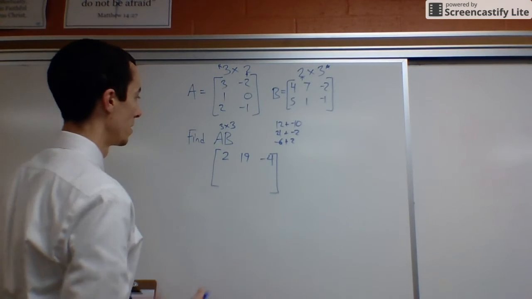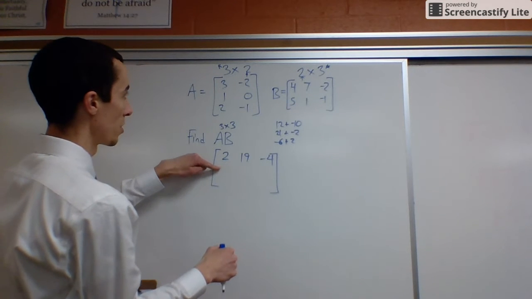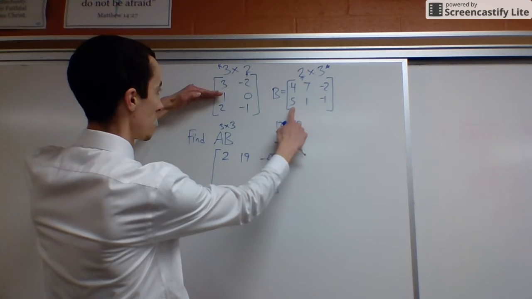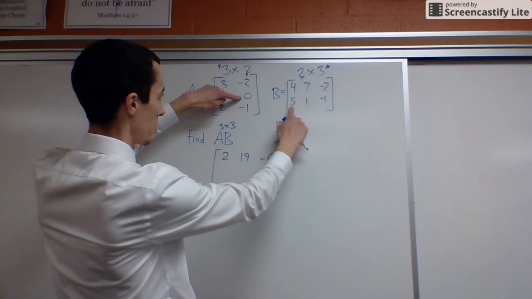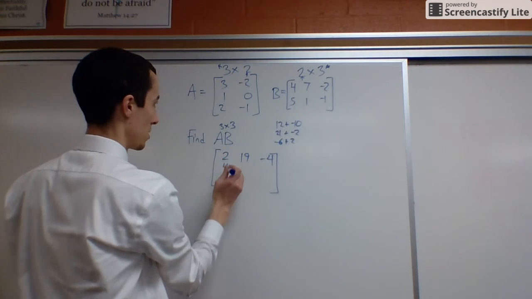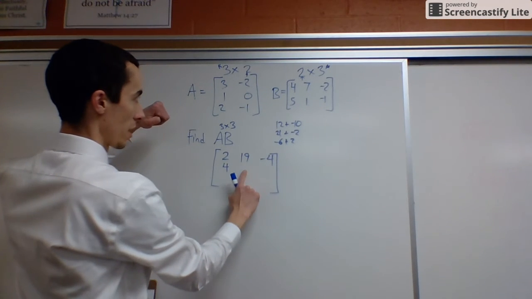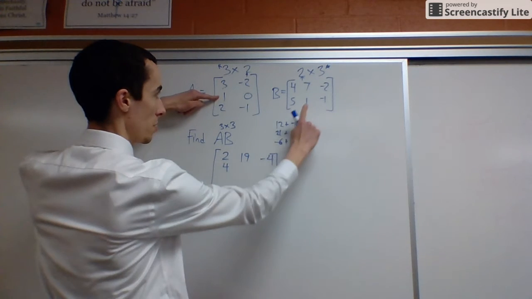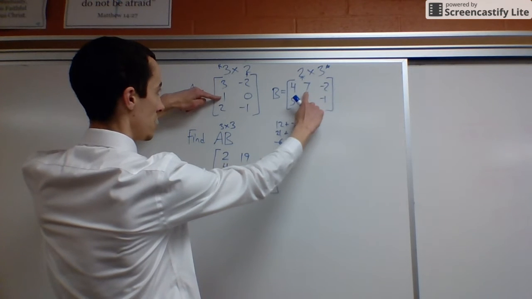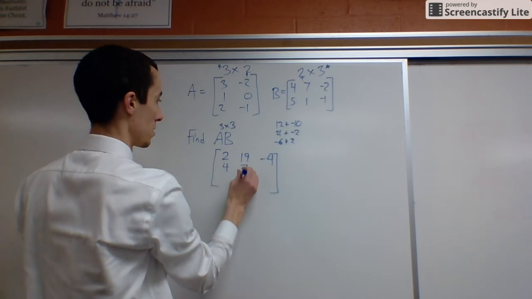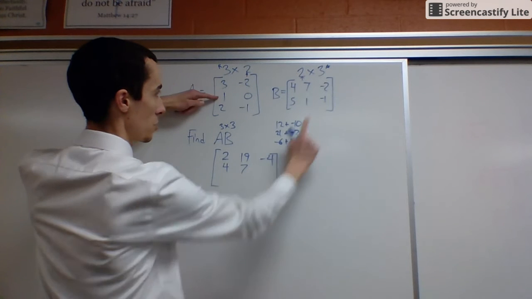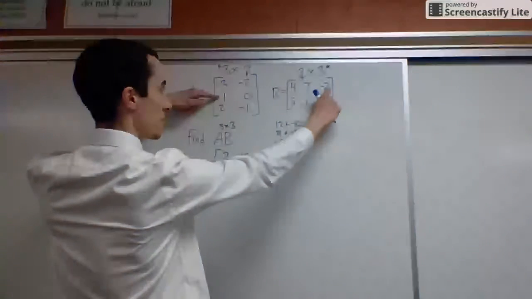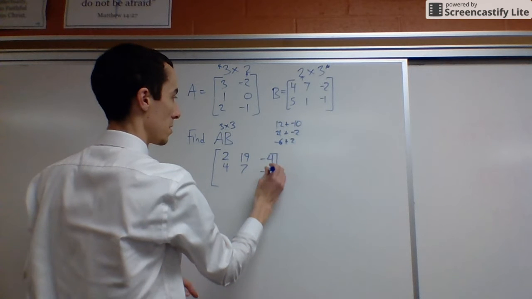Continuing on, to get our row 2, column 1, we do row 2 times column 1: 4 plus 0. Row 2, column 2: 7 plus 0. For row 2, column 3: negative 2 plus 0.